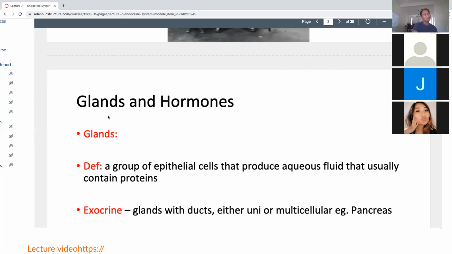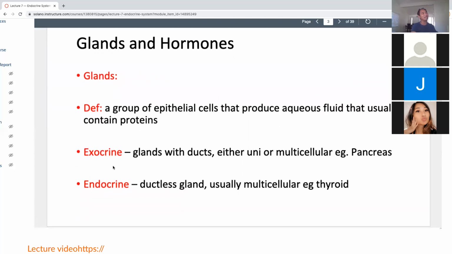Glands. Don't forget glands. Glands are a group of epithelial cells. So we study glands when we are doing the epithelial lecture. If you collect a group of epithelial cells and they have a function of secretion and produce fluid, then that is what we call a gland.